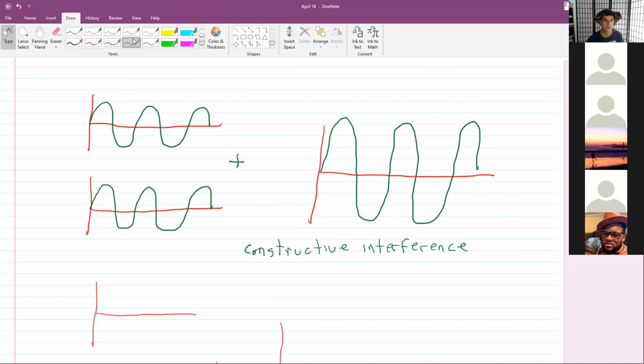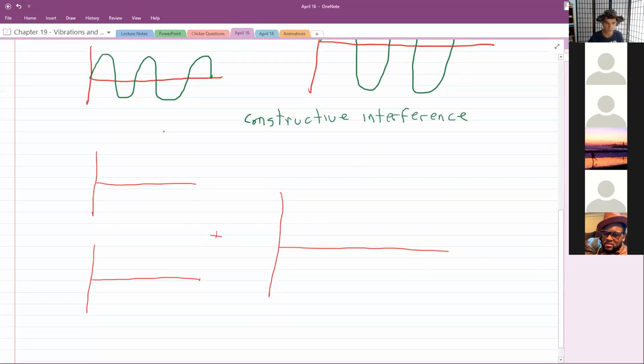For destructive interference, in a sense, the waves are mirror images of each other. So if one wave looked like this, and the second wave existed at the same place at the same time, that doesn't look very good. So when this wave is at a maximum, this one's at a minimum.